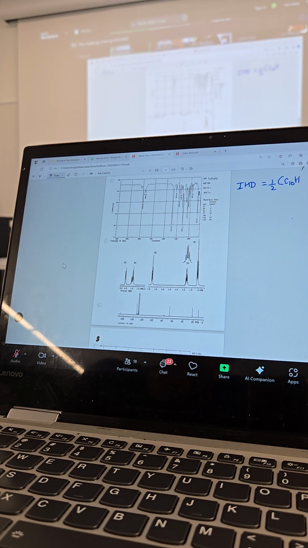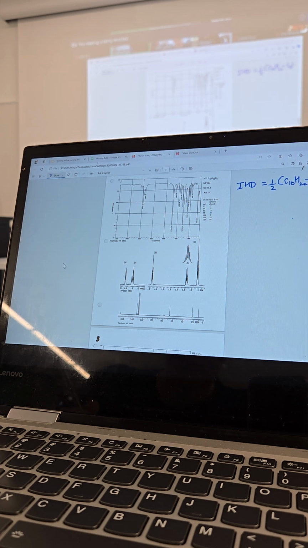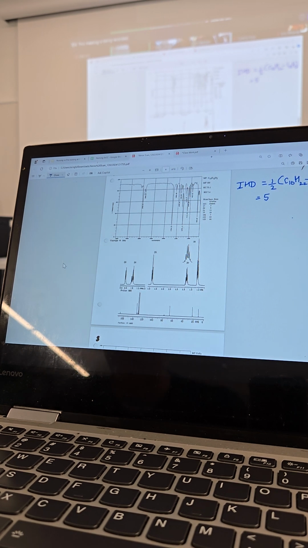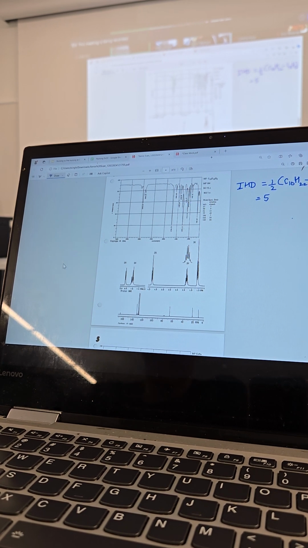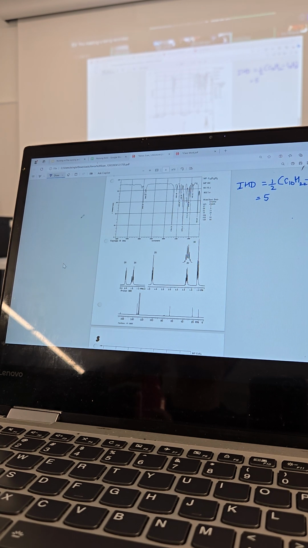I did C10H14 minus C10H12. Okay, so what do we say? IHD of 4 or above, as a hint, may suggest a benzene ring. You should think about it. Exactly, it may or may not be. That's a different story, but let's at least think about it.